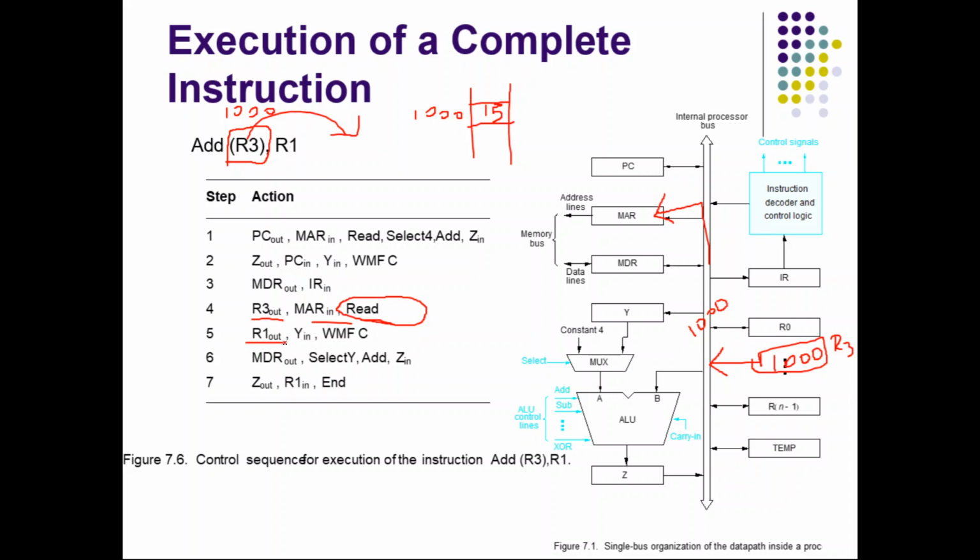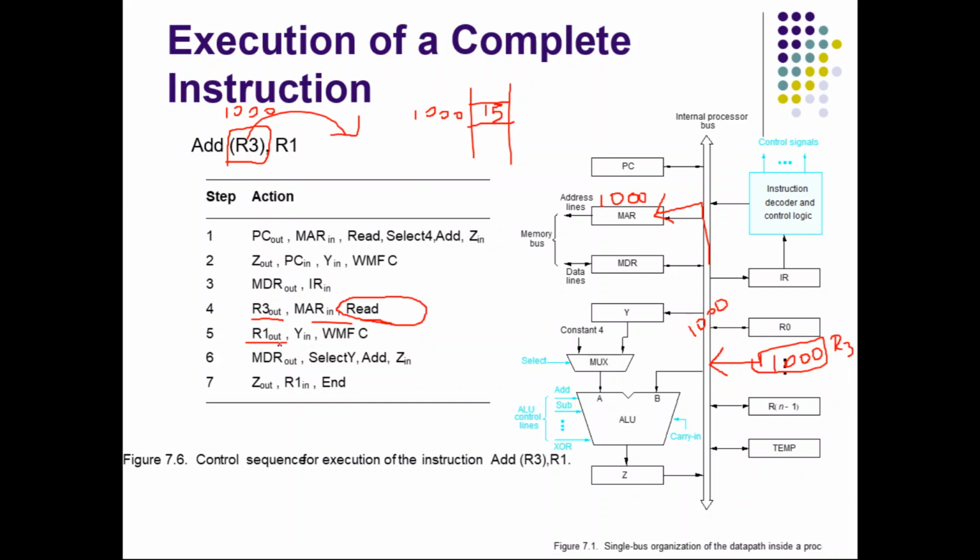The next operand is R1. It is already available within the CPU, because it is in one of the registers. So we directly say R1 out. Now MAR is holding 1000 and it has already been given the instruction to read the content of 1000, so this 1000 need not remain on the internal bus.